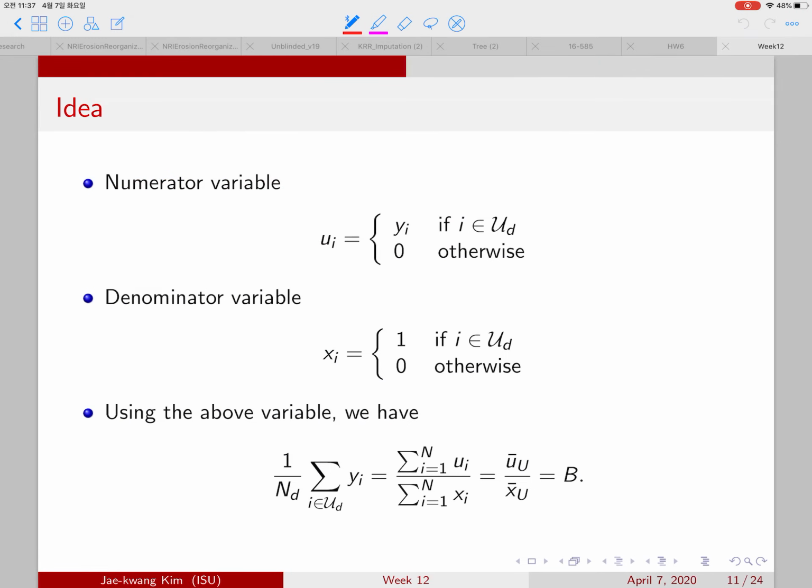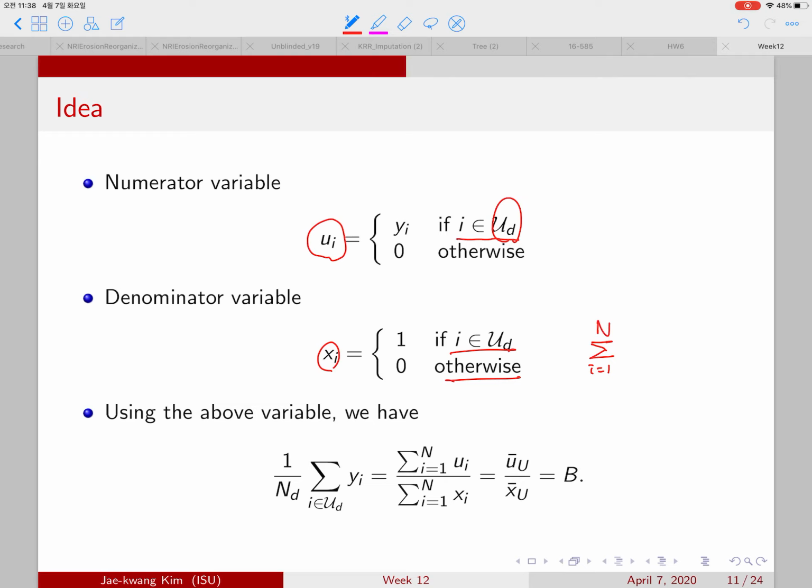Here's our idea. u_i is just another population characteristic, and u_i equals y_i if owner i belongs to the domain, otherwise just 0, and x_i is 1 or 0 depending on this status. In that case, what is the summation of x_i over i equal to 1 to N?